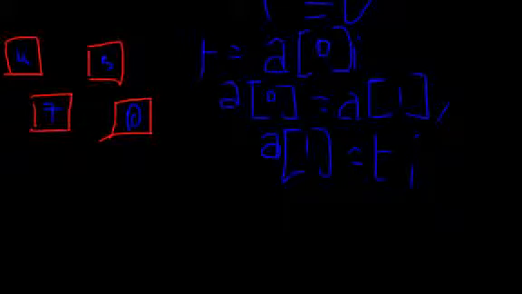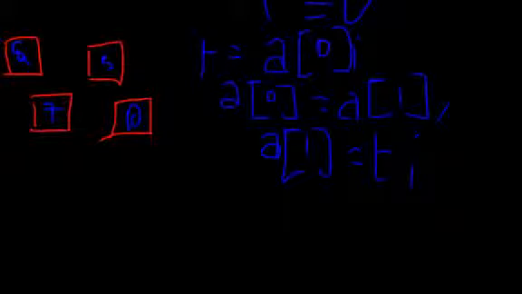Next, what's happening? A0. What's A0? A0 is 4. A0 is being rubbed off completely, and being rewritten as A1. What is A1? 5. This has become 5. So 5 is gone here.